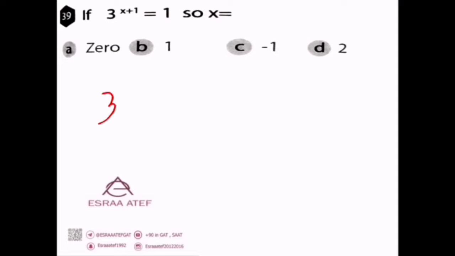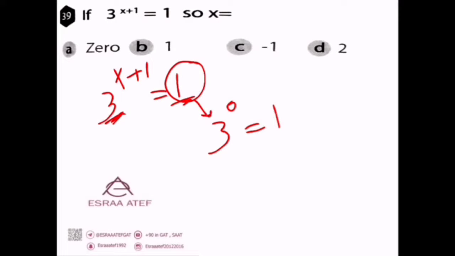Here we have 3 power by x plus 1 equals 1, and he needs me to get the x. How can we get it? If we have the same numbers, we can equate the powers. So how can we make 3 here and 3 here? Any number power by 0 equals 1, so we can convert 1 to 3 power by 0.